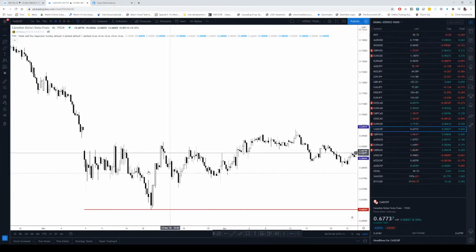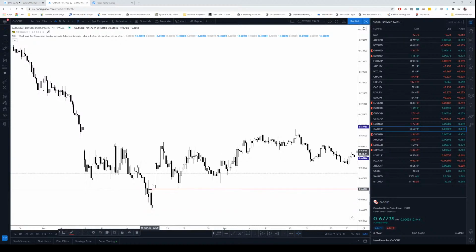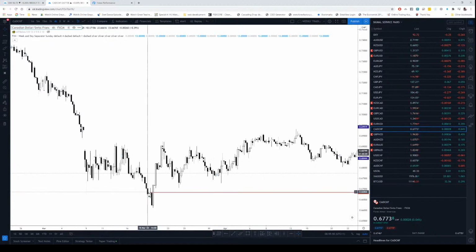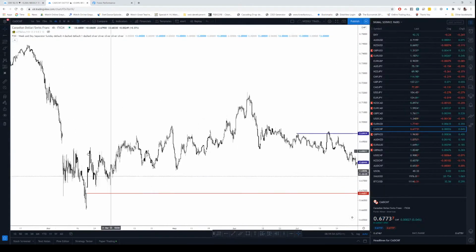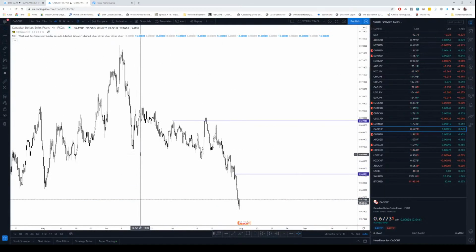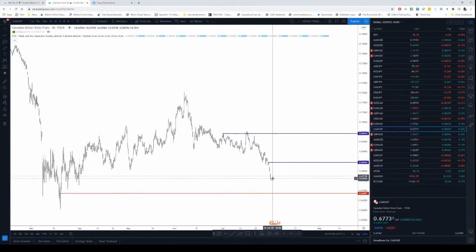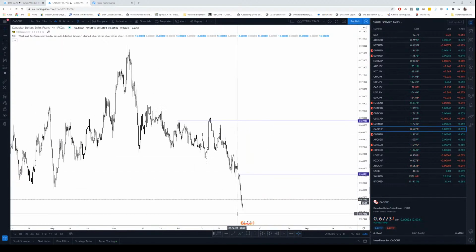Right here, you're gonna see something crazy. Yeah, mark that level on your chart. Okay, so on the downside, that's your initial target. Yeah, before we break this low, that's your target.